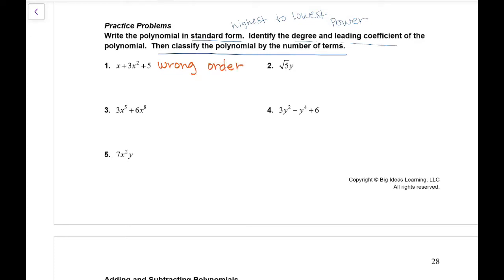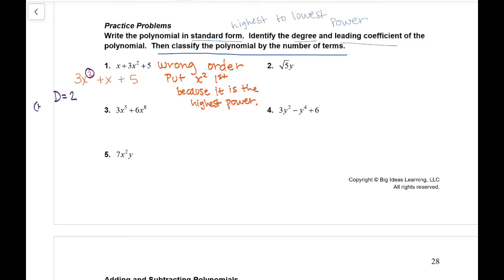So if you look at number 1, we have 3x squared. 3x squared would be the highest power because it has x to the second power. So that's what we're going to write first. The next term we're going to write is our x because it has x to the first power. So we're going to put that next, and then the 5 is on its own at the end.